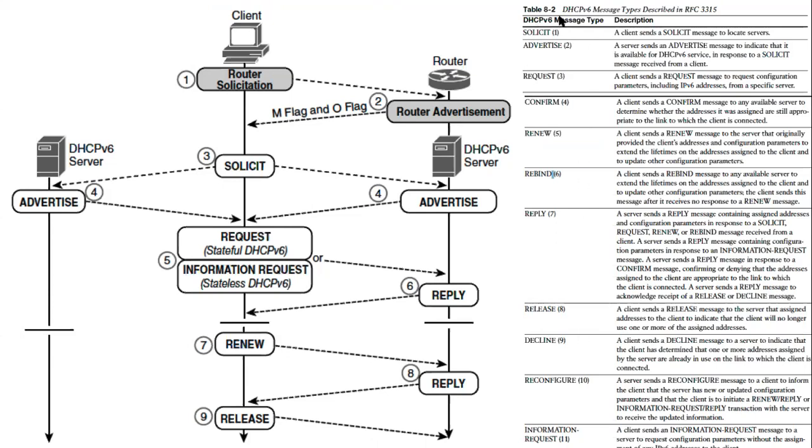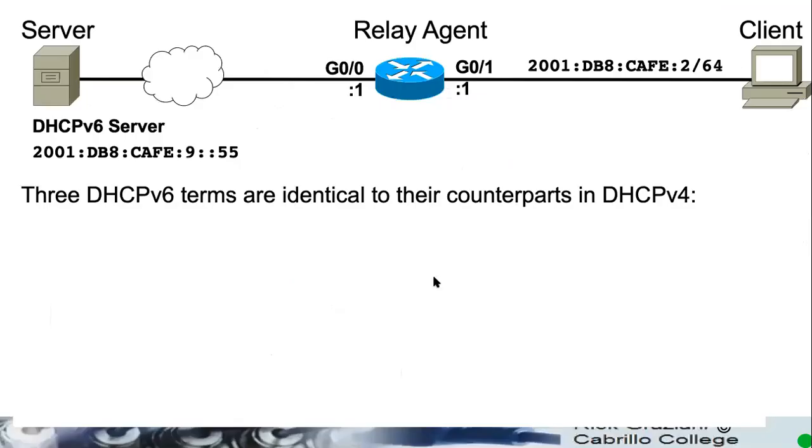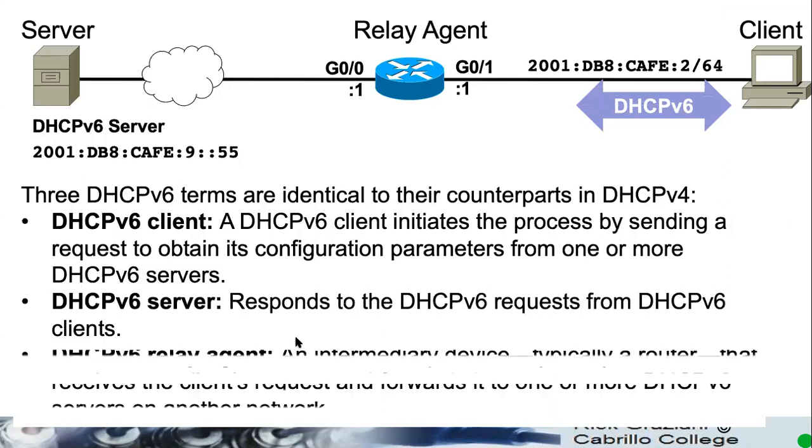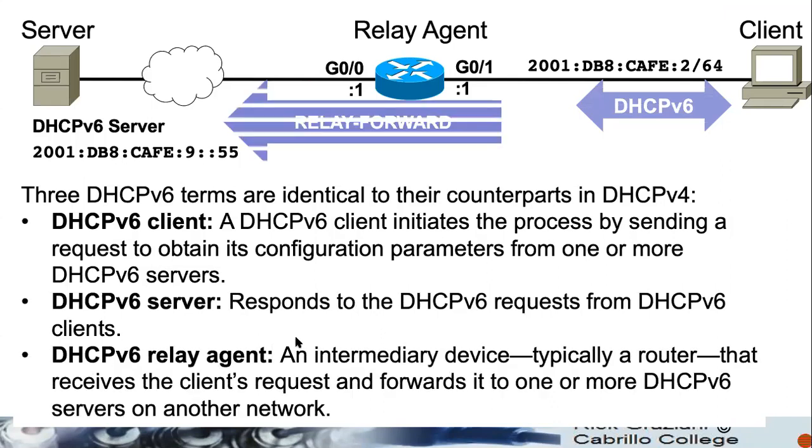So in Table 8.2 in Chapter 8, this is all discussed in more detail. There's also a relay agent. We'll talk more about this a little later, but this is where the DHCP server may be on another network.